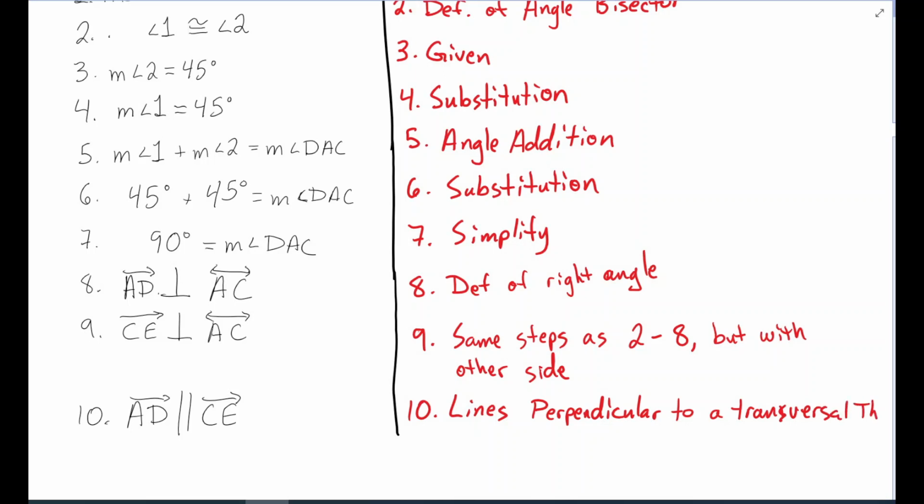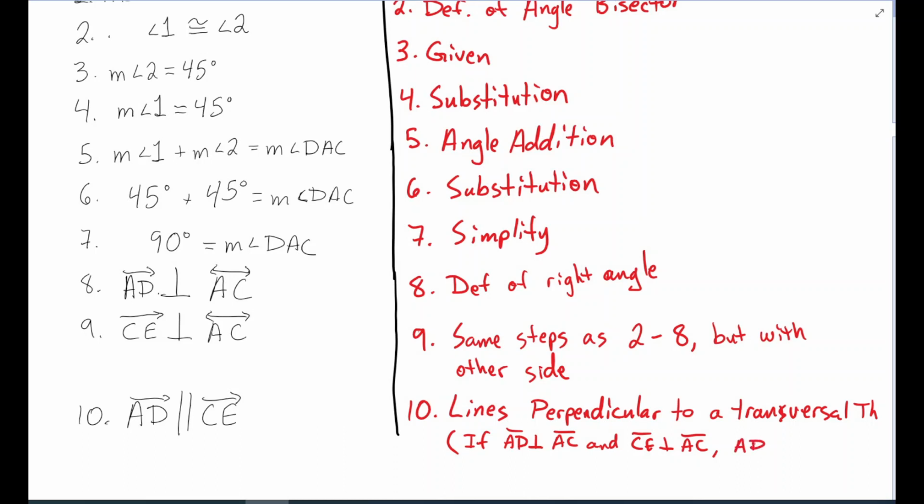Okay? Which all that's saying is that if you have AD perpendicular to AC, and CE perpendicular to AC, right? AC becomes the transversal, and then we have two lines that are perpendicular to it.